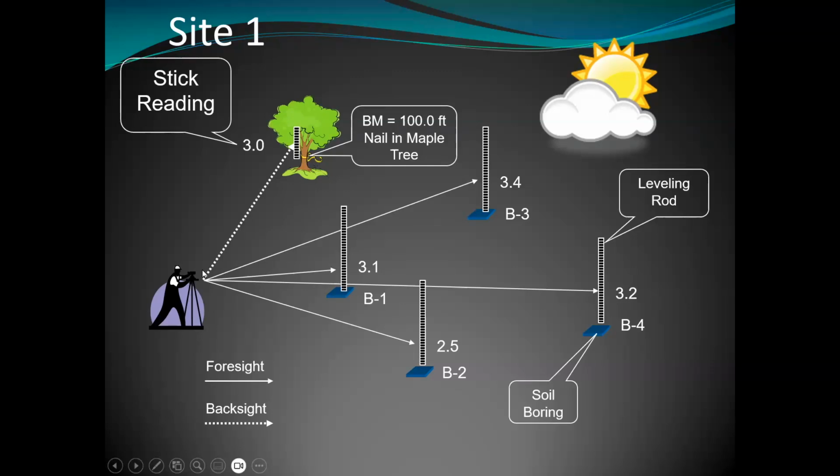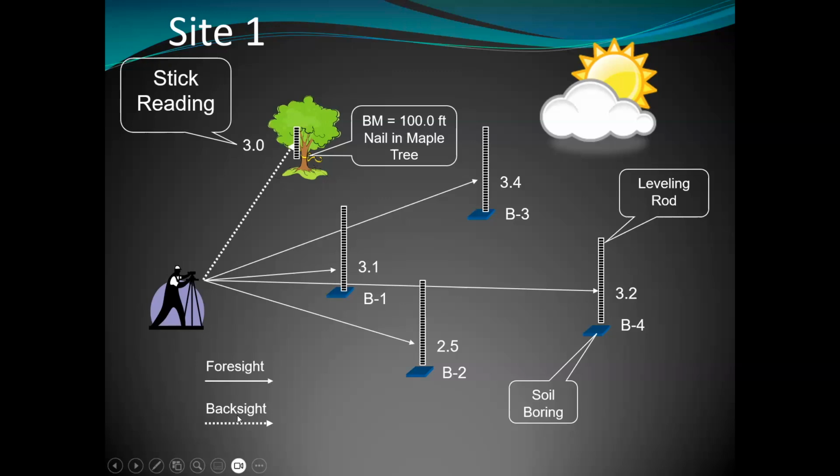My line of sight from this instrument to that stick shows it is 3 feet. Actually, I'm reading 3 feet above that nail. And if that nail is 100, the back sights we add. So 100 plus the 3 foot reading means my instrument is actually at 103 feet because I'm reading 3 feet above the benchmark.